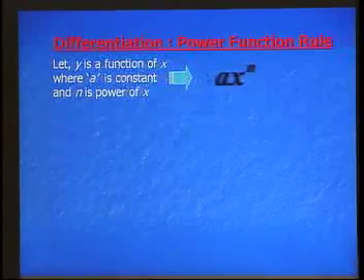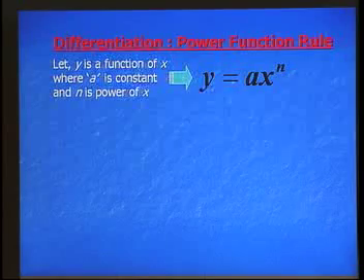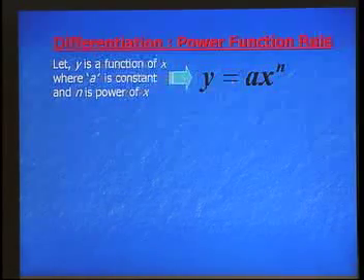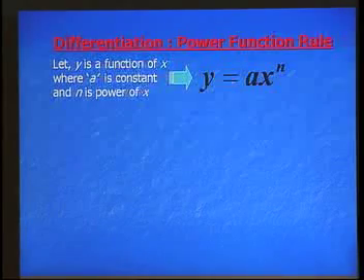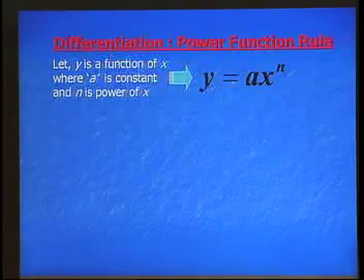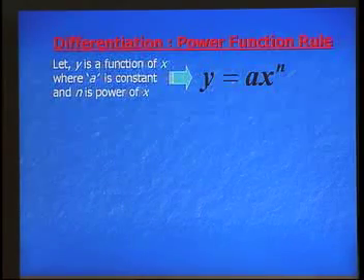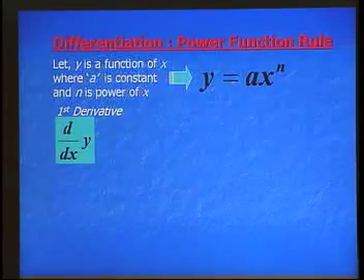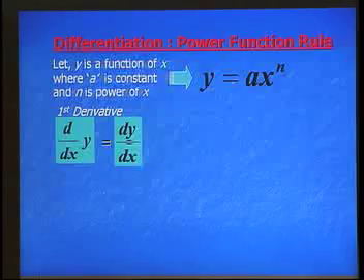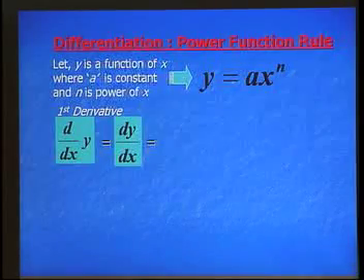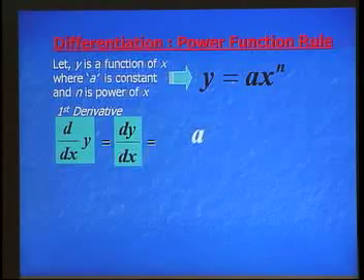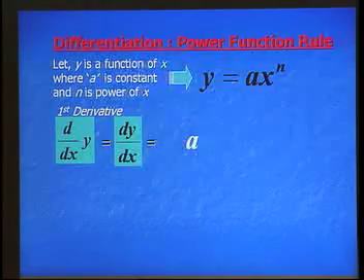Let y be a function of x, where a is the constant coefficient of x and n is the power of x, and y is equal to a times x to the power n. Here, for the first derivative of function y, that means d by dx of y, the constant coefficient a will be unchanged.